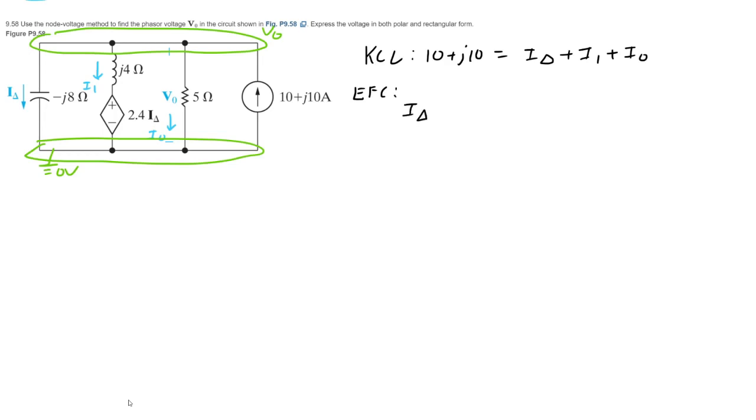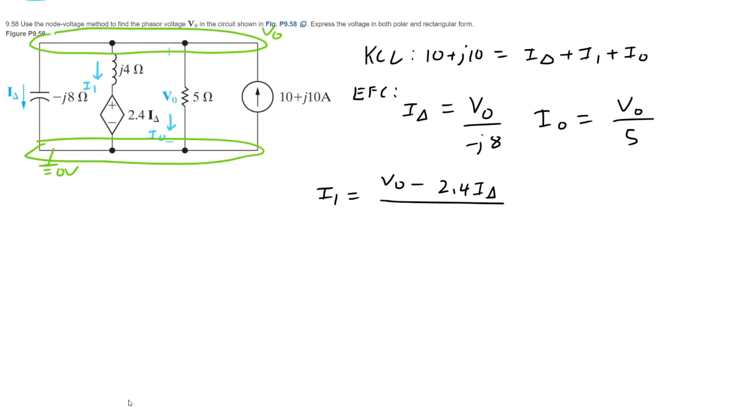I delta is VO over minus J8, IO is VO over 5, and I1 is VO minus 2.4 I delta over J4. Okay. So now we can just plug it in straight away. Let's go ahead and do that.